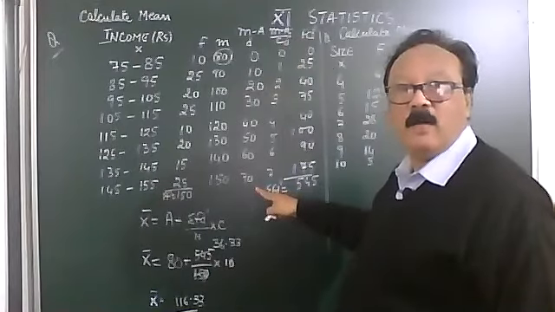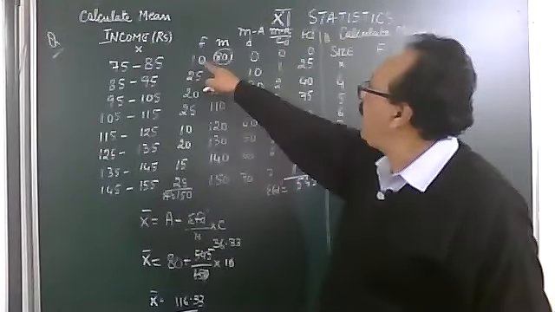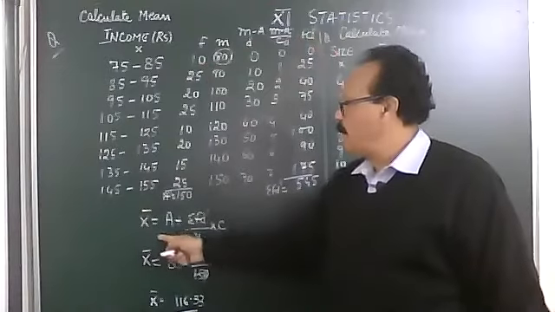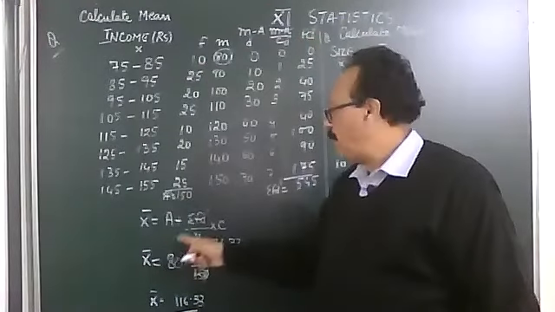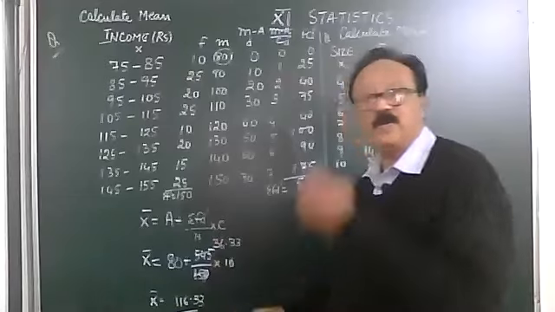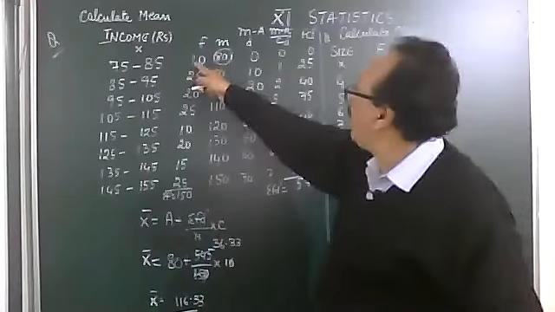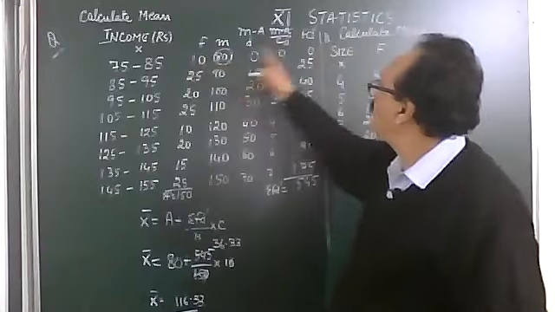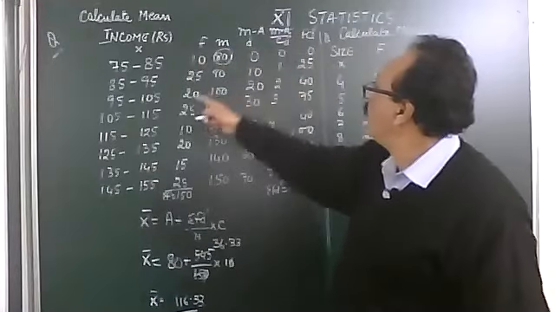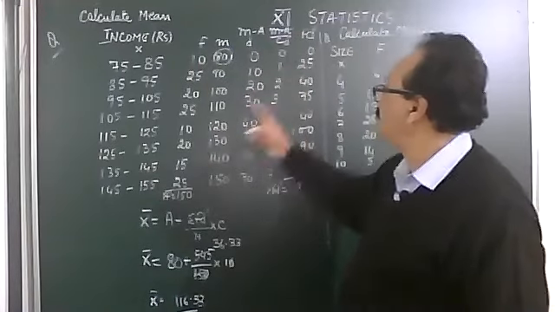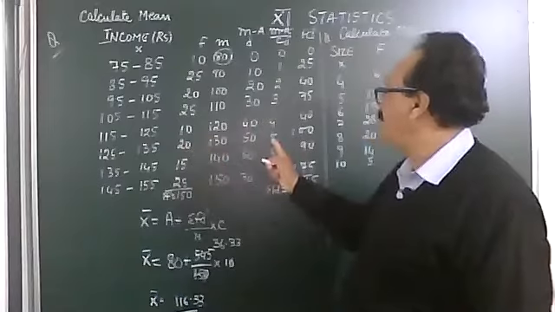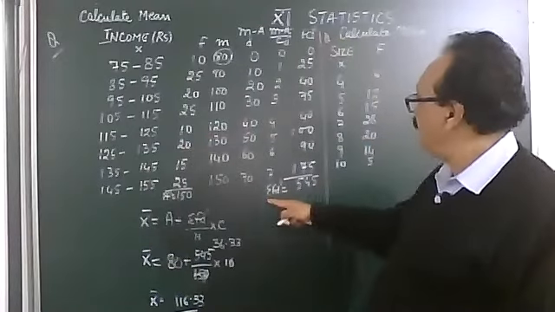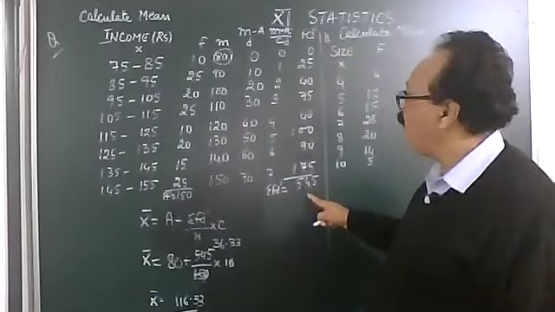Right? Now the formula is to multiply f by d dash to get f d dash, because the formula says mean is equal to assumed mean plus sigma f d dash upon n into c. So multiply f with d dash, you get f d dash. Then adding up, sigma f d dash, we get 545.